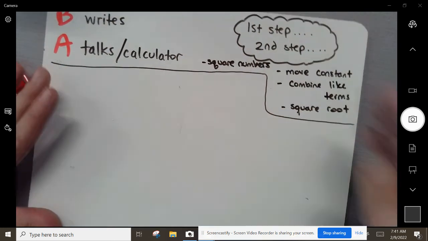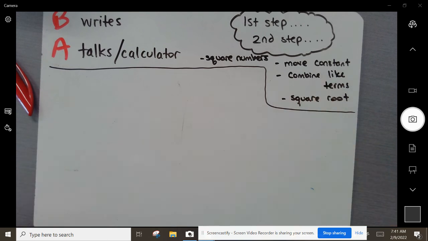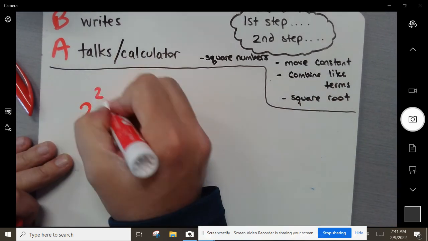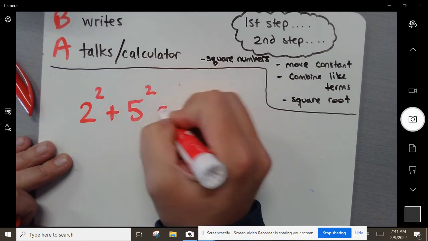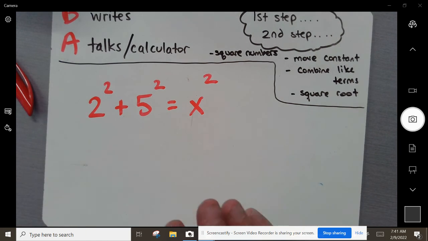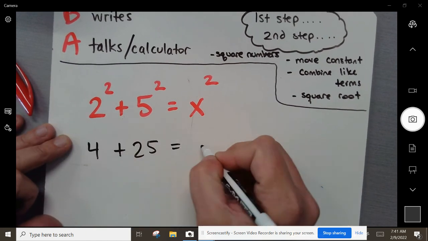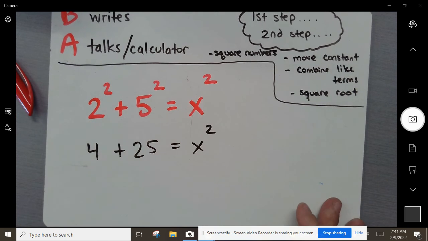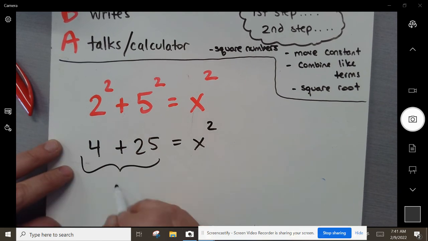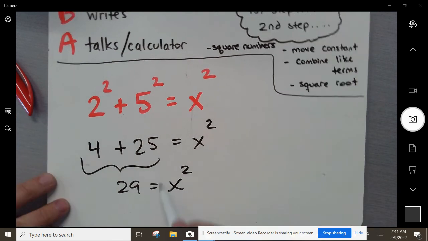All right, make sure you're talking to each other. Now I'm going to do something where it's going to involve combining like terms. Excuse me. 2 squared. All right, go for it, guys. What are you going to do? Square your numbers first. And then square root both sides.